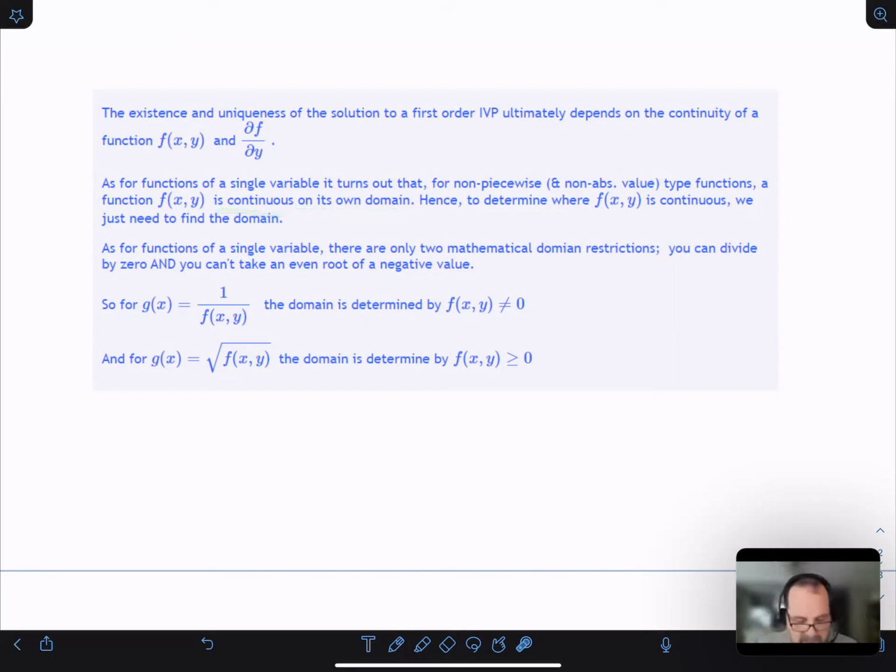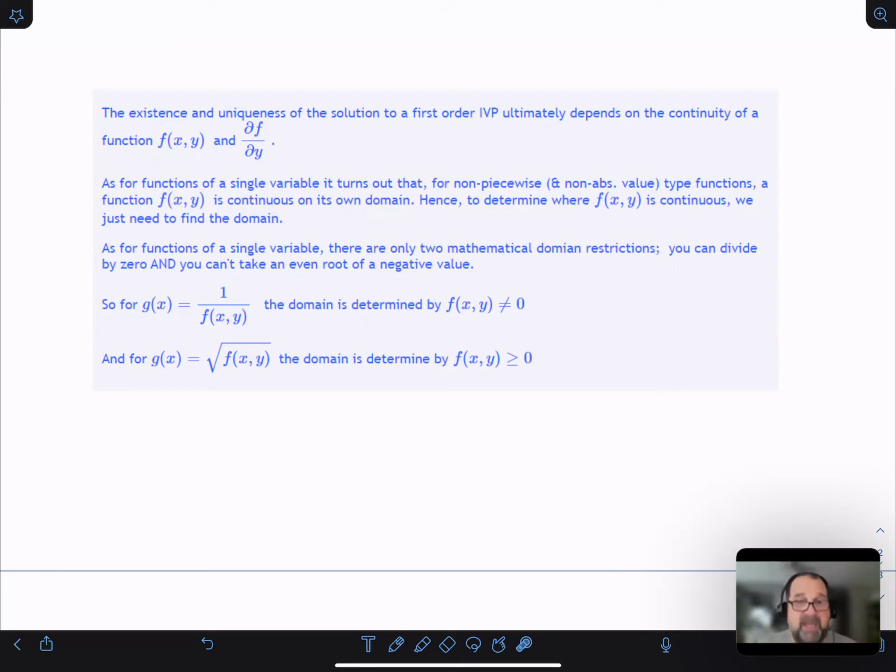So when we are interested in the continuity of f of x y, what we really can do is think about the domain of f of x y. The domain of f of x y is where f of x y is continuous. So that is why I'm talking about this domain issue.